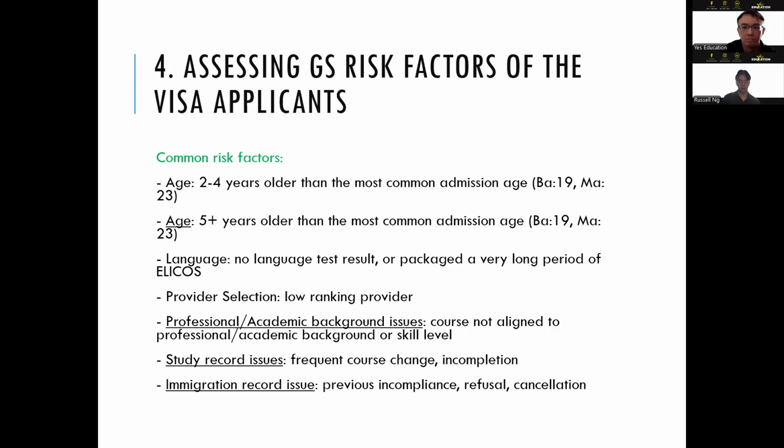For example, if a student is applying for a student visa, but he was refused an Australian visitor visa before, that is also a problem. And if a student got any visa cancellations before, that's a big problem. So those are the key factors I've summarized for my own practice.